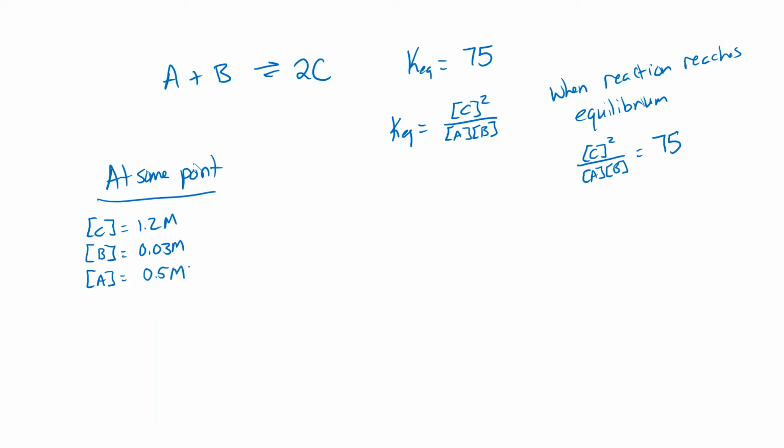So there's not very much B in there, and there's a lot of C. What we want to find out is which direction this is going to go. From this point, will this reaction produce more product or more reactants?